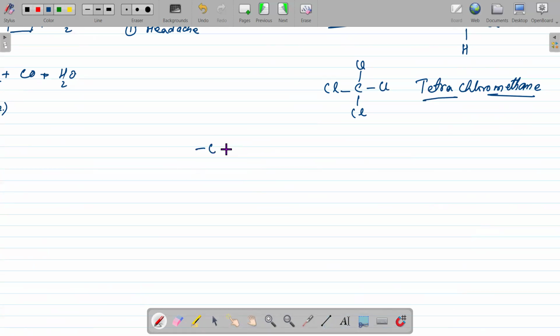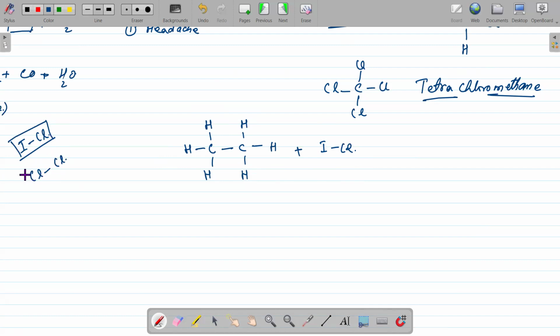Okay, what if I give you a reaction to find out the products? For example, if I have this ethane and I want to react it with ICl, and I'm giving you an instruction that iodine chloride, ICl, is a molecule which behaves just like a chlorine molecule. So we can predict the products easily.